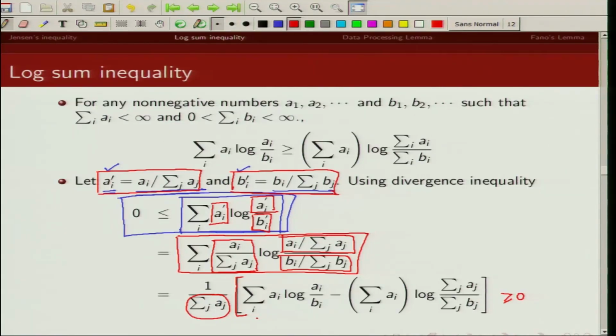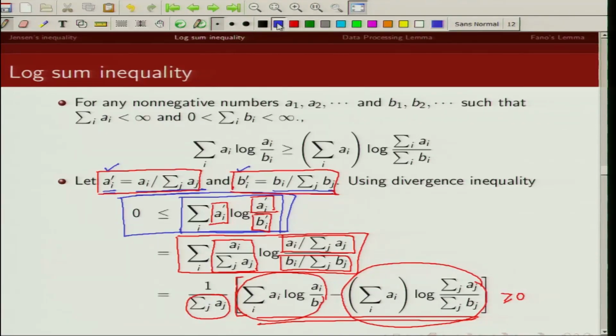So when will this be greater than or equal to 0? When this term is greater than or equal to this term. Okay. So what we have proved here is that this relationship holds, and this is known as log sum inequality.